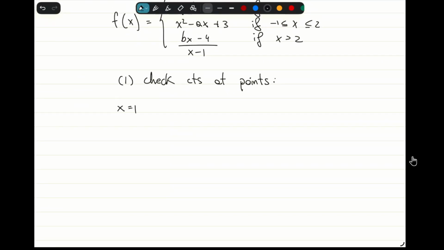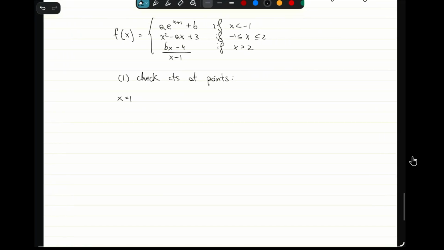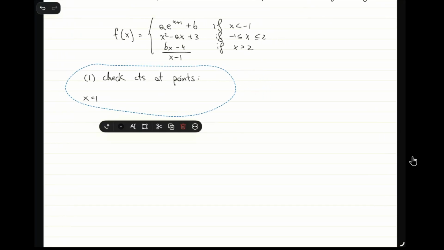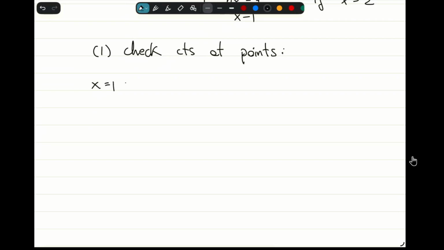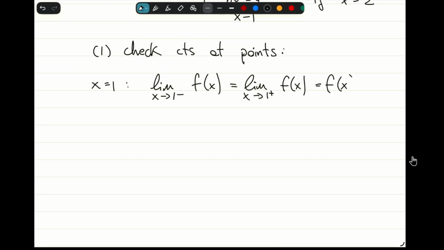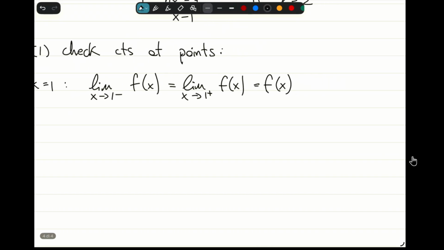The first point we encounter is x equals 1. Let me move a little to the left so I have enough space. So x equals 1. Let's check the limit from the left, x approaches 1 minus, of f of x, is equal to the limit as x approaches 1 of f of x, which equals f of 1.